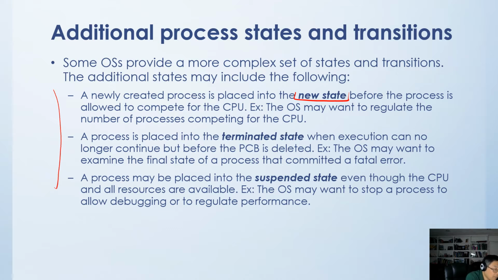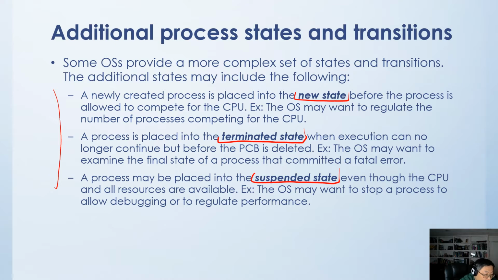In other operating systems, a process may have another state called a terminated state. Once the process completes its job, it terminates by itself. A process may also be placed into a suspended state, even though the CPU and all resources are available.